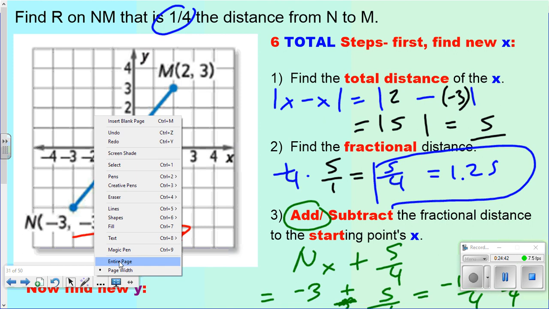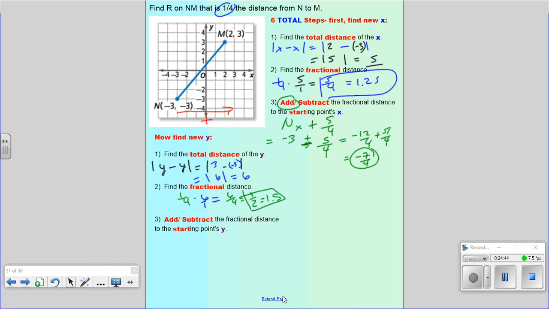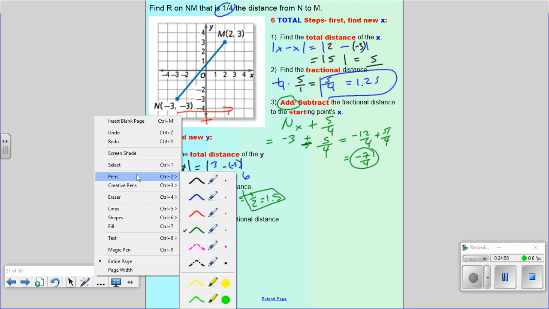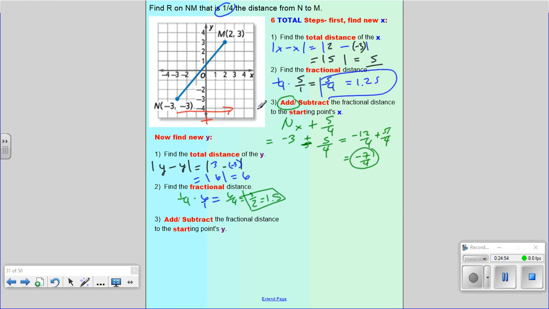Trying to get my extended page here. Sorry, folks. All right. And now we're going to add or subtract the fractional distance from our starting y value. So we're moving upwards also to get from N to M. So that's positive. So we're going to add. So we're taking N's y value plus our 3 over 2.